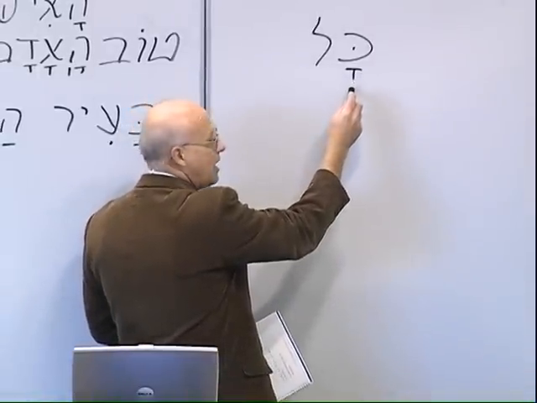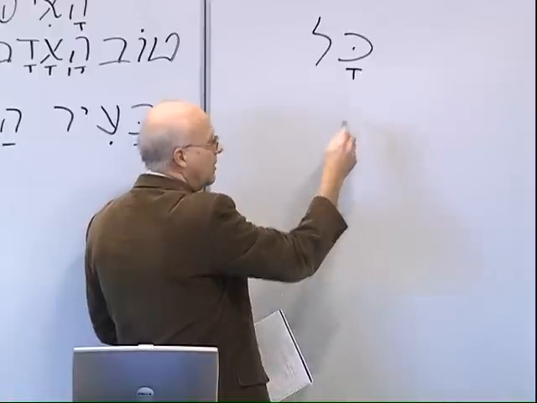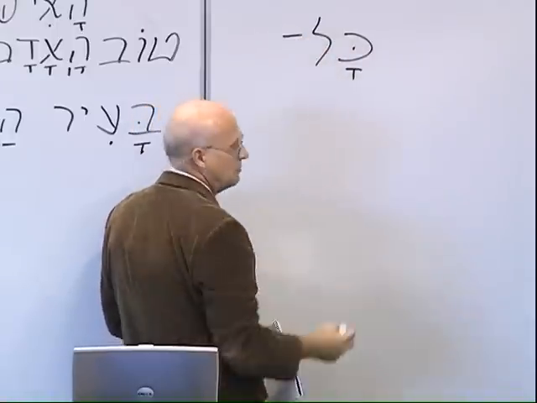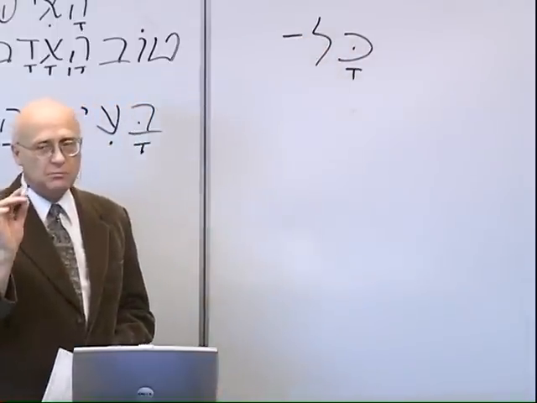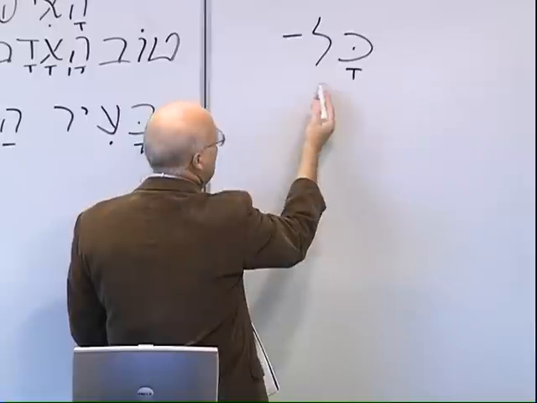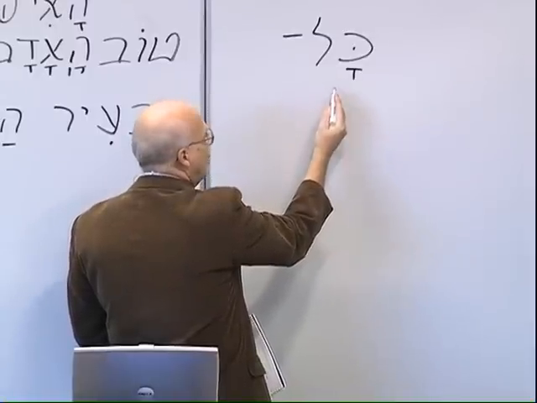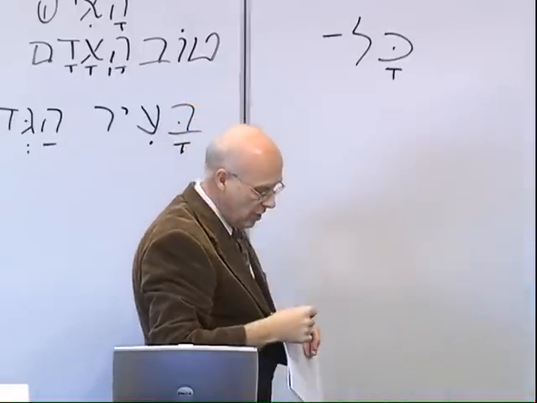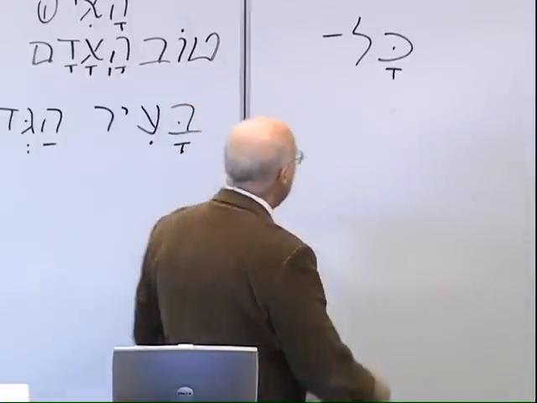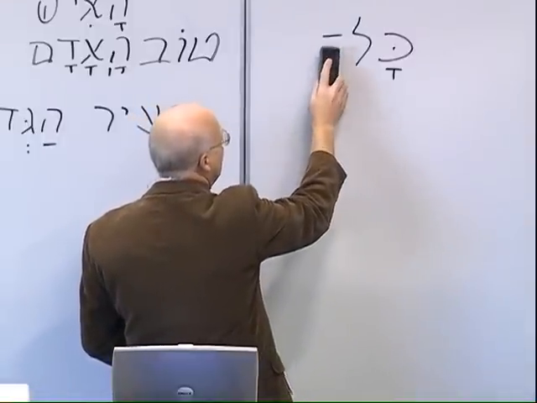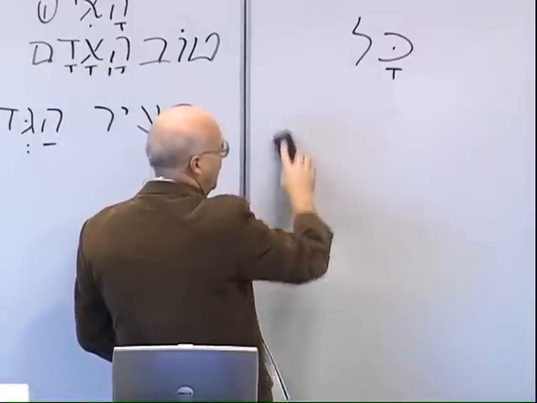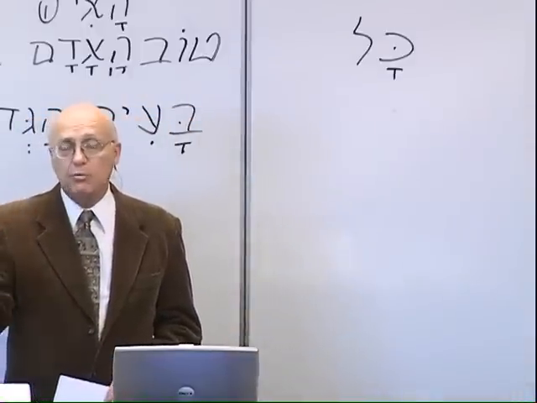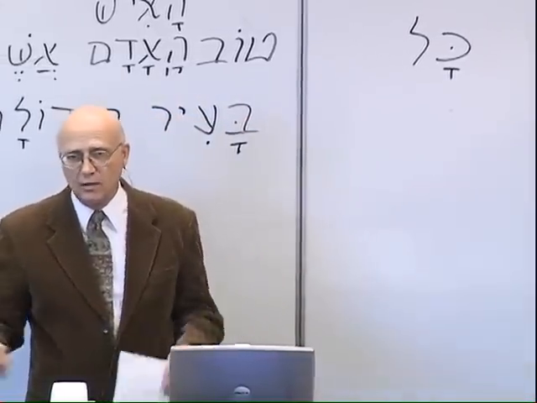Why? Because this is a kametz hatuf. You say, but wait a minute, that's in one syllable. But you notice that in many places there's a makef written there. That is because when this is put in this short form, it's always considered construct, and therefore it's always going to be pronounced together with the following word. The makef is sometimes used to indicate that as a reminder, not because the makef is a sign of the construct, but it's the most immediate way to say, pronounce this with the following word if you have that word standing by itself.